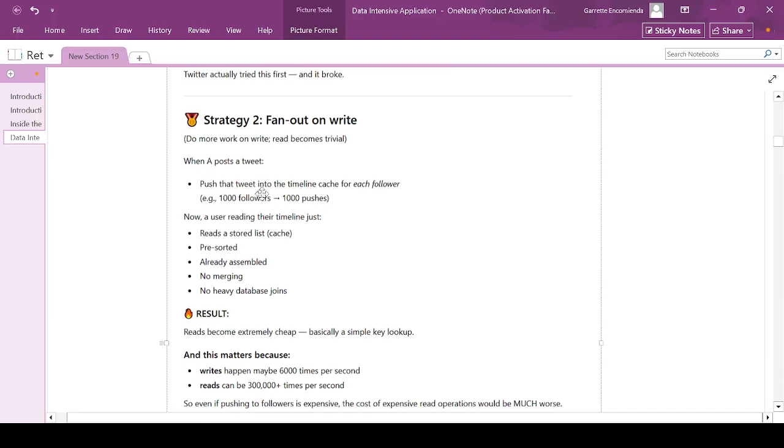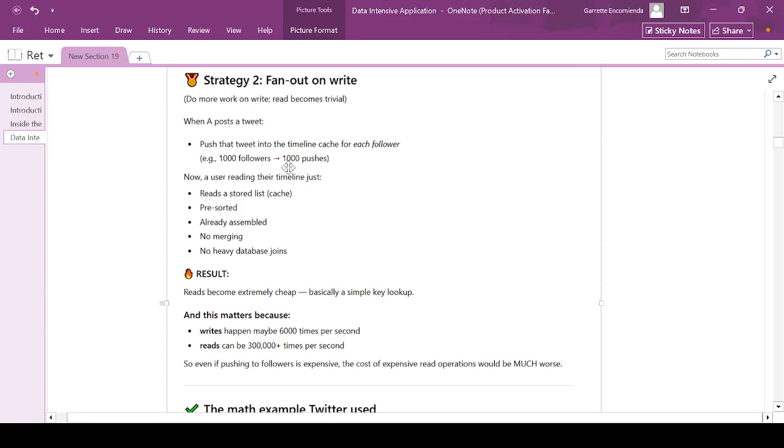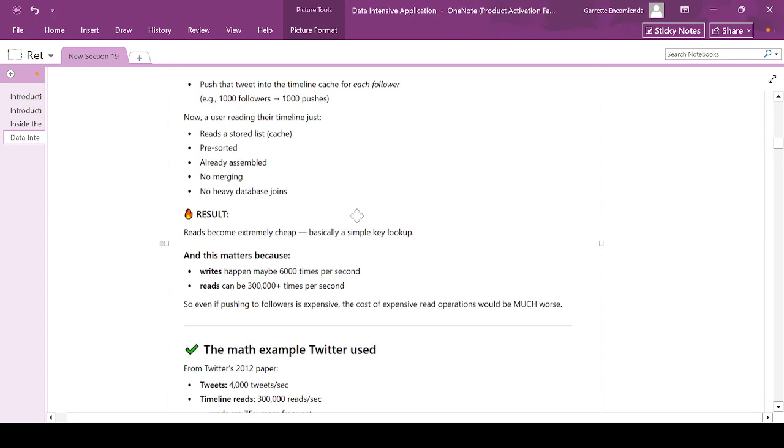Strategy 2, fan out on write. Do more work on write. Read becomes trivial. When A posts a tweet, push that tweet into the timeline cache for each follower, i.e. 1000 followers means 1000 pushes. Now, a user reading their timeline just reads a stored list, a cache, pre-sorted, already assembled, no merging, no heavy database joins.